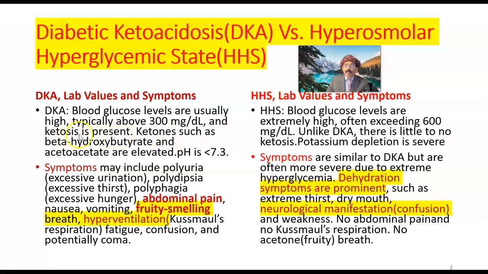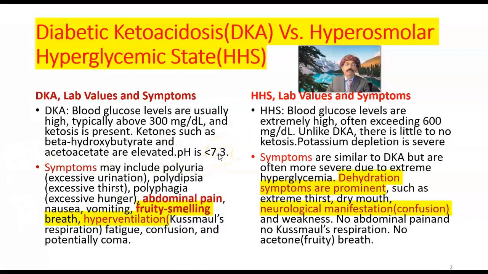That is important. Ketones such as beta-hydroxybutyrate and acetoacetic acid are elevated when measured.